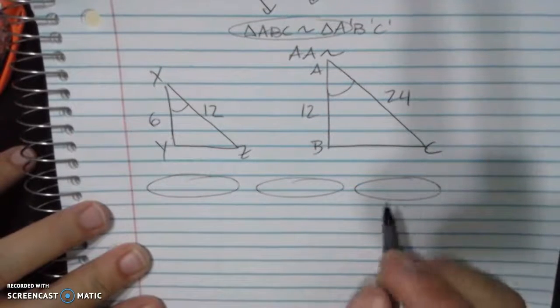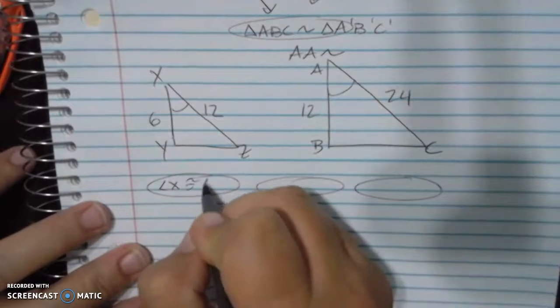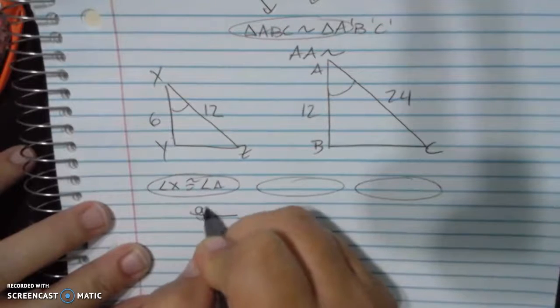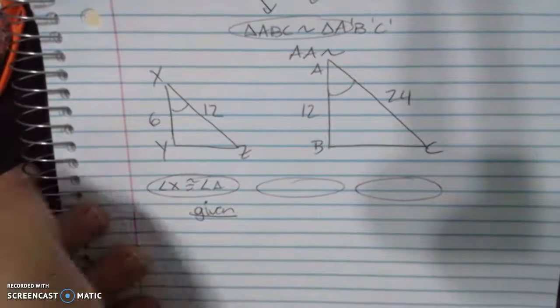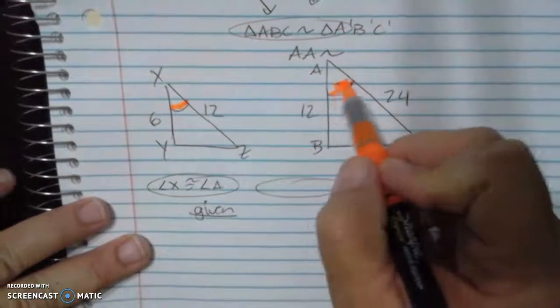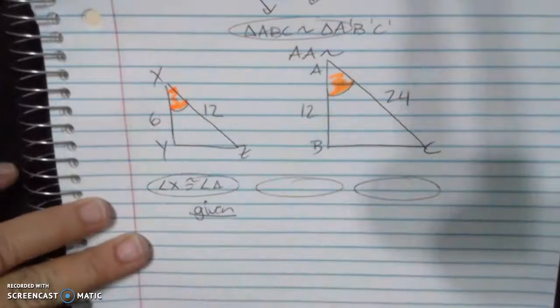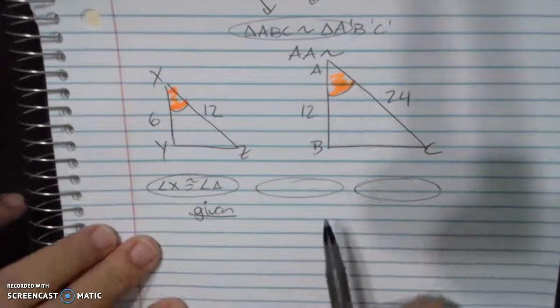Well, one thing I do notice is that angle X is congruent to angle A, and that is given to me. I can see that because the little arc mark was already written there, and I just have to tell the world in my proof that they are similar.